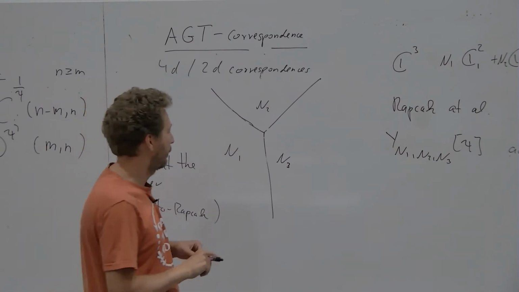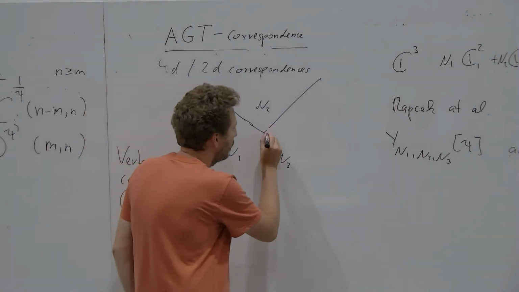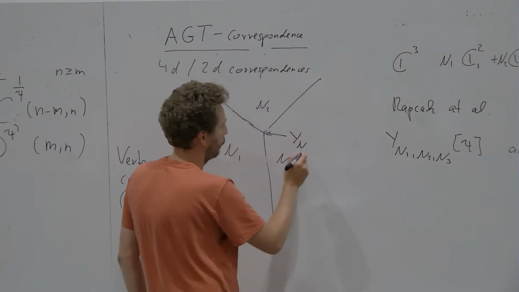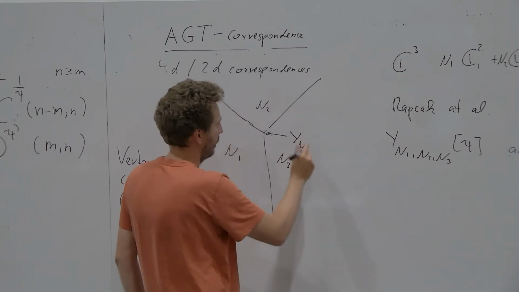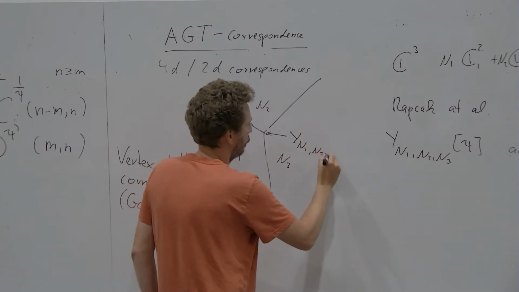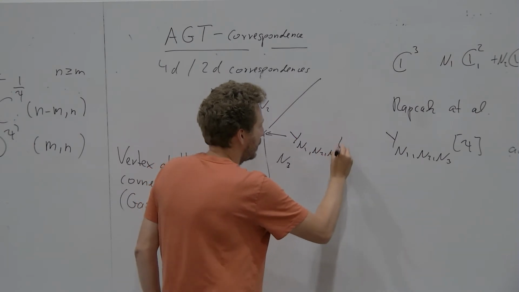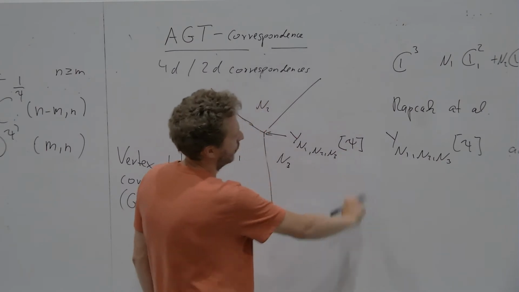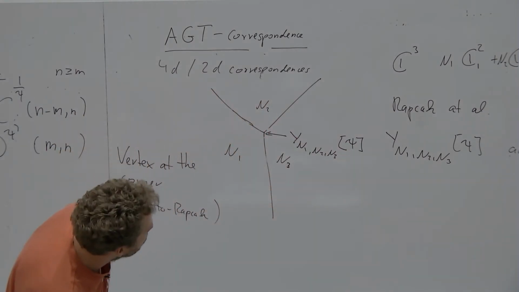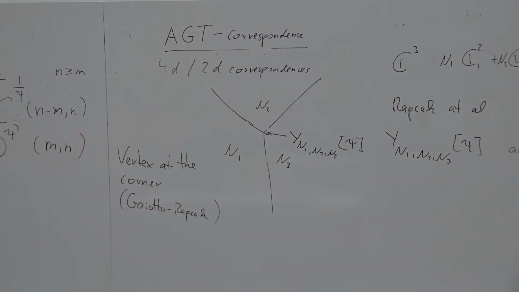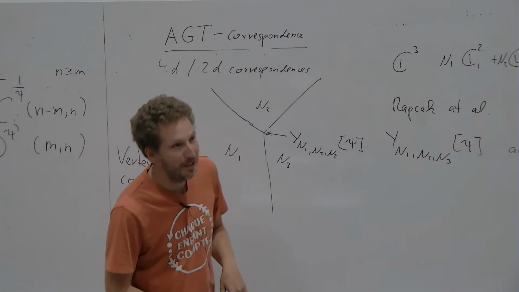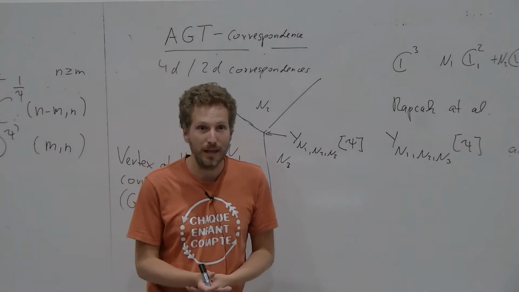So here you have something sitting. Maybe you give it an order, you say you start from here. So it's a Y, N1, N2, N3 algebra, depending on the coupling constant psi of the gauge theory. Well, of course, I can look at the setup by just rotating a little bit, and it should be the same type of theory.